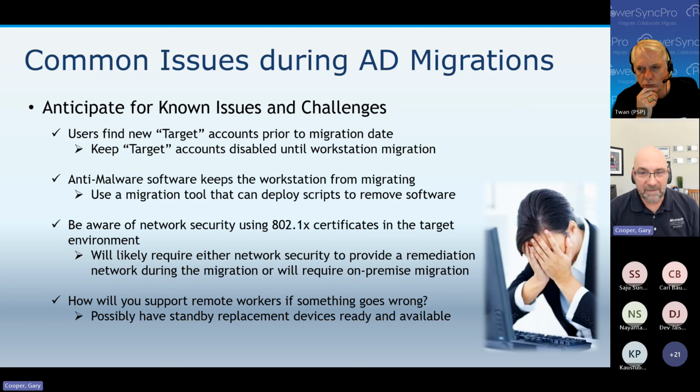But once they're active, it's somewhat common for users to try and log into their Windows workstation with that new account. What that does then is it creates a Windows profile in that target user's workstation. Many migration tools will completely fail to migrate that machine or that profile when that occurs.